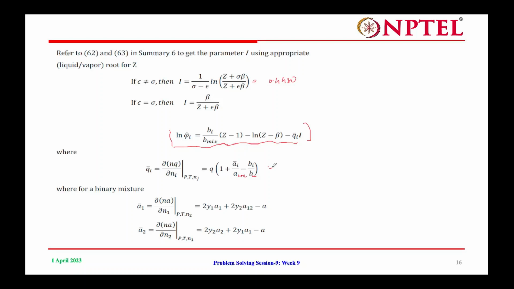Now first we calculate the A1 bar. So here we have to calculate for the benzene, so use this one. Here is a mix. A1 bar is 37.95 into 10 to the power 6 bar centimeter to the power 6 mole square.